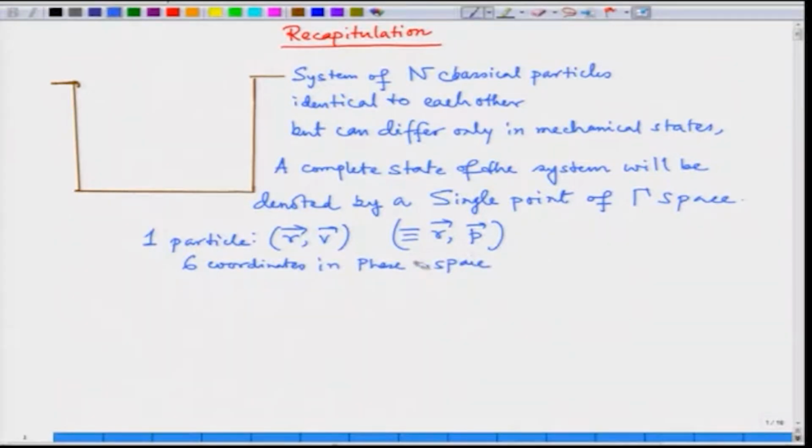Then for capital N particles you will have 6n coordinates.